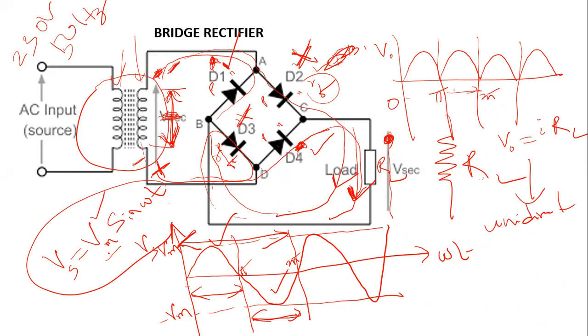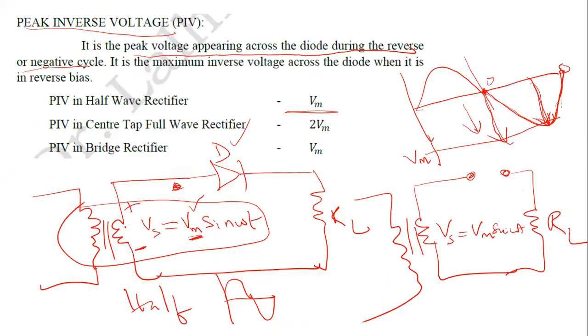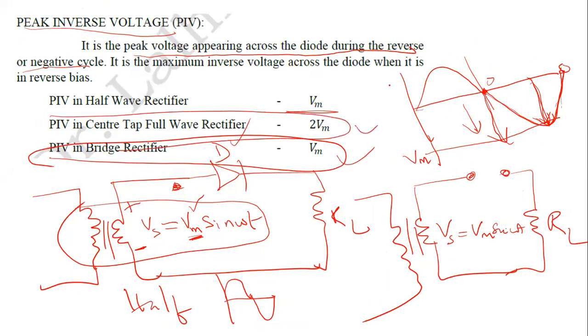So Vm is the reverse voltage that will appear across your diode, D2 or D3 or D1 or D4, under reverse bias. You cannot have any peak inverse voltage greater than Vm. So in the bridge rectifier, peak inverse voltage is Vm. In center tap it is 2 Vm. In half wave it is Vm.